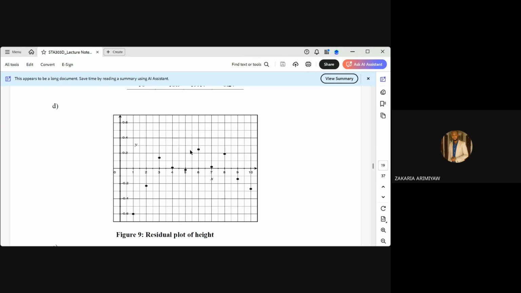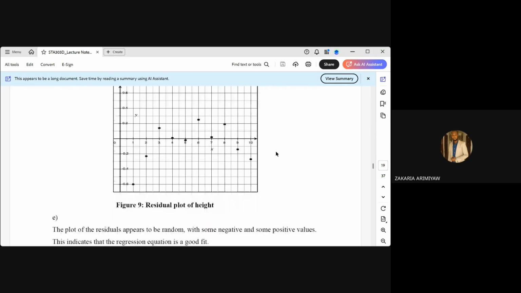It's a graph on its own. So if the question asks you to draw a residual plot, you can do it without the line of best fit. But in this particular example, we are just responding strictly to the question. I hope you are okay.